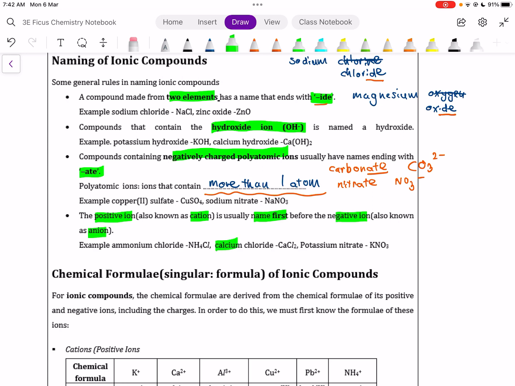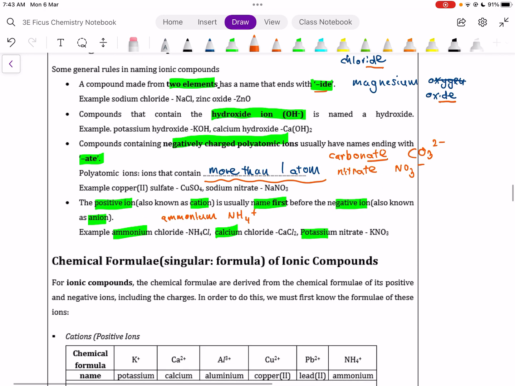You see calcium always coming first, potassium always coming first, or even ammonium. Ammonium is quite a special one in the sense that it's a polyatomic positive ion, one of those rare positive polyatomic ions. So these are all the positive ions, so we always name them first.